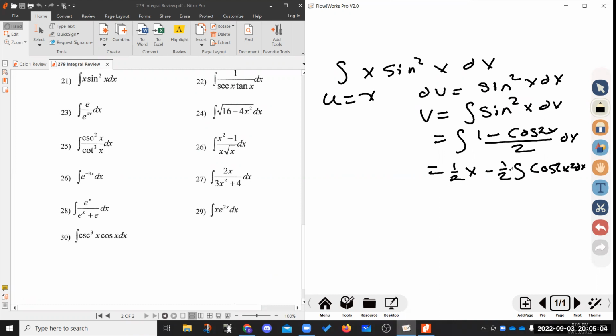I'll need a 2 and a 1/2 here. 1/2 x minus 1/4, since the integral of cosine is sine, like that. So this is all what v equals. Du equals dx.